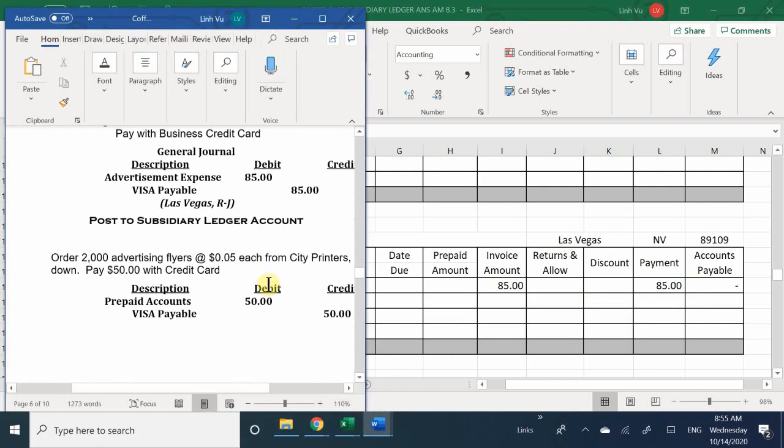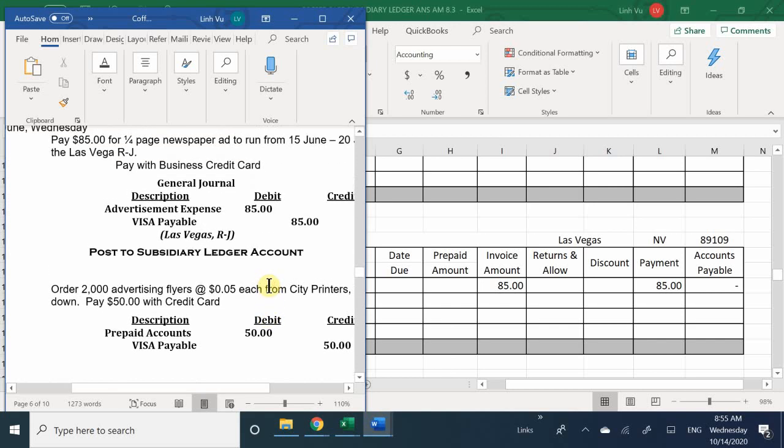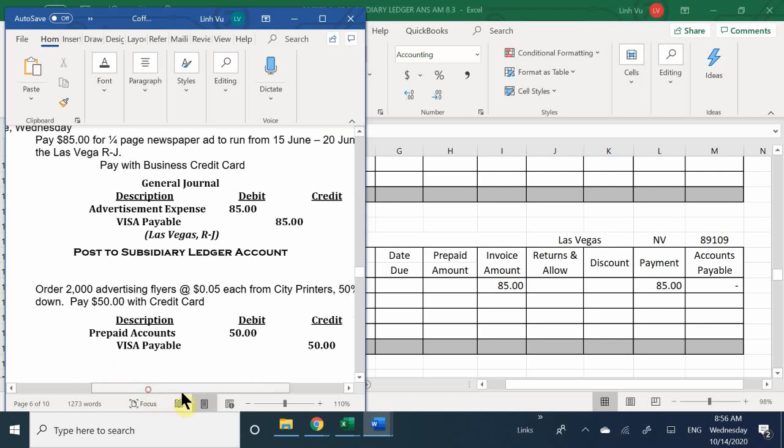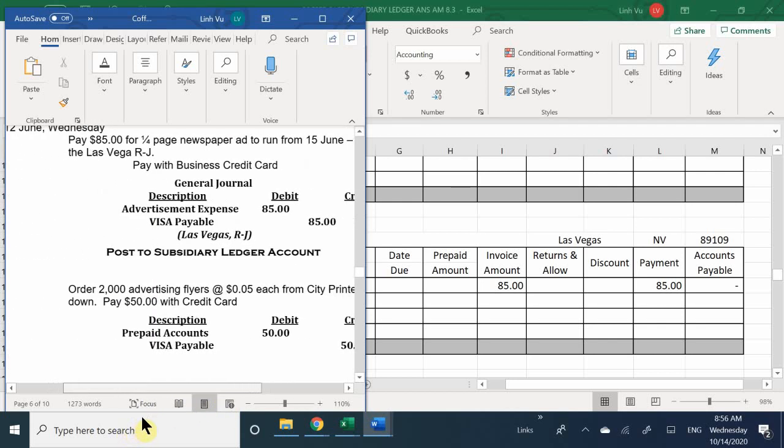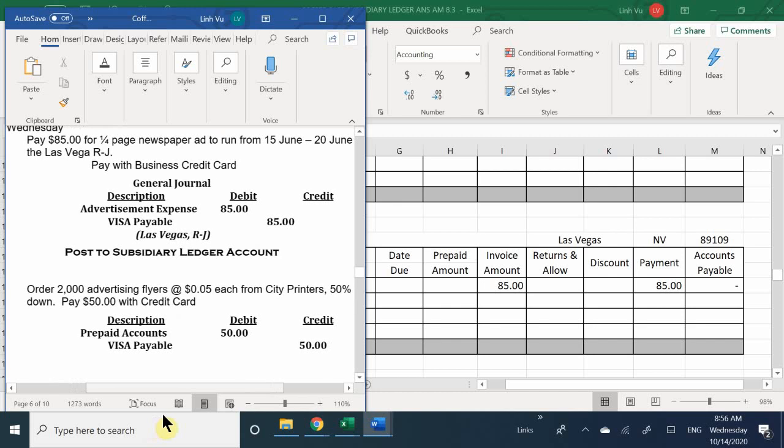So, what happened next? Ordered 2,000 advertising flyers at 5 cents each from City Printers, 50% down, paid $50 with credit card.